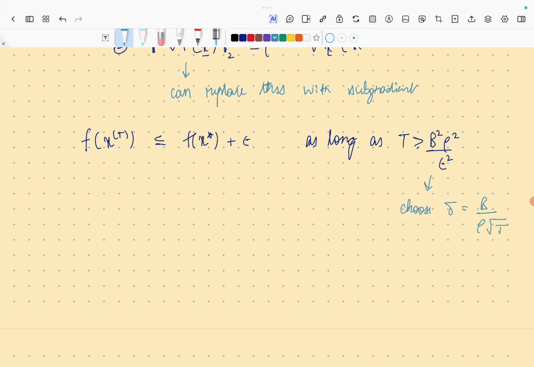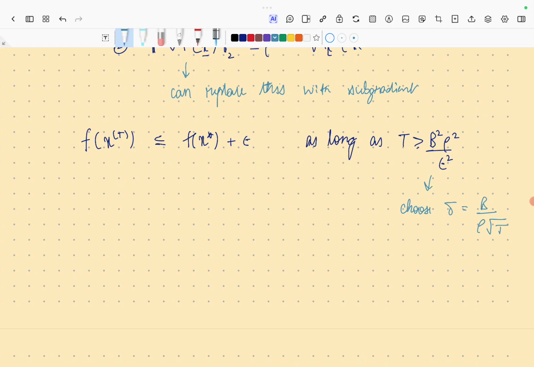So you know beforehand how many steps you're going to take, in a sense, and you know b and you know rho. So under these assumptions, this is the kind of guarantee that you can get using gradient descent.